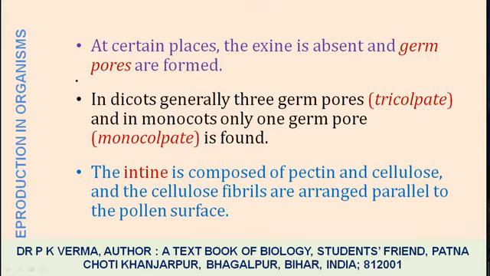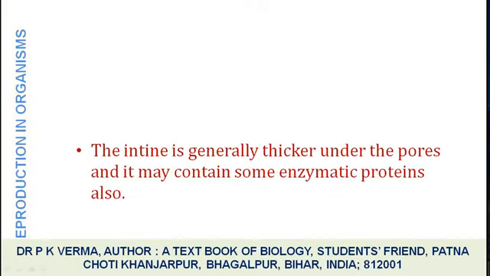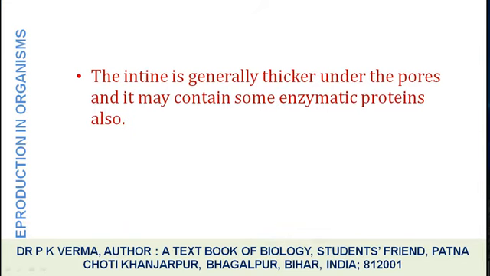The intine is composed of pectin and cellulose, and the cellulose fibrils are arranged parallel to the pollen surface. The intine is generally thicker under the pores and it may contain some enzymatic proteins.